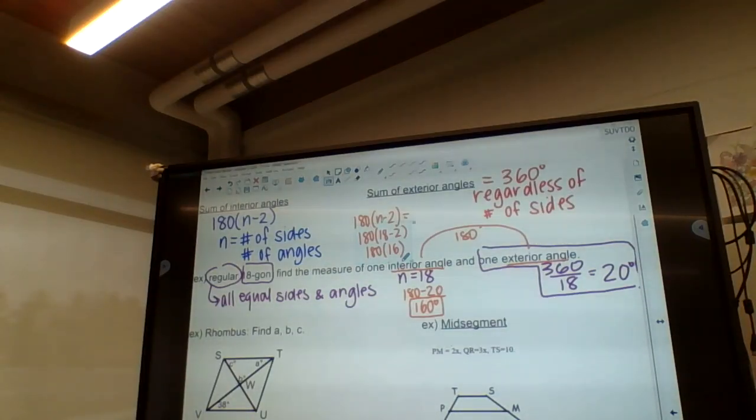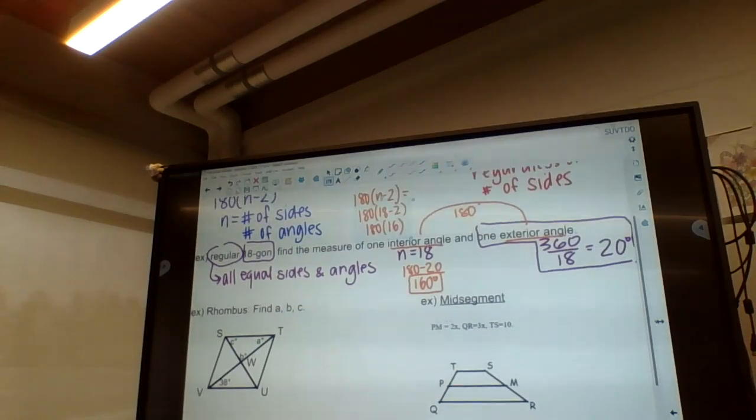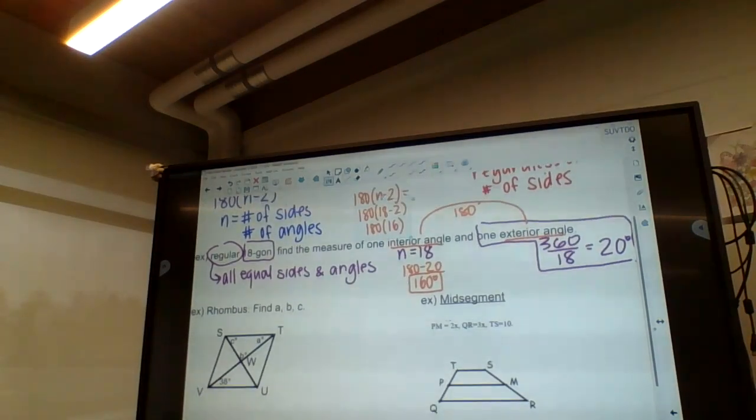Sorry, I was thinking of trying to find the number of sides. Okay. Any questions there? So that's our interior versus exterior angles.